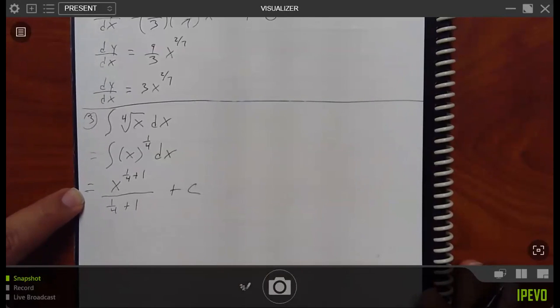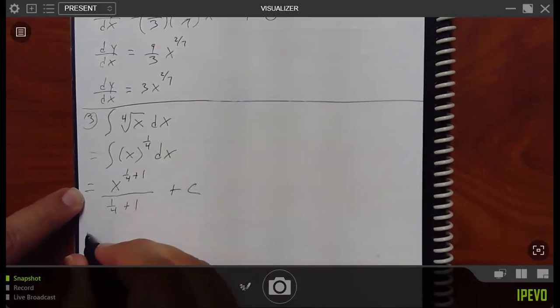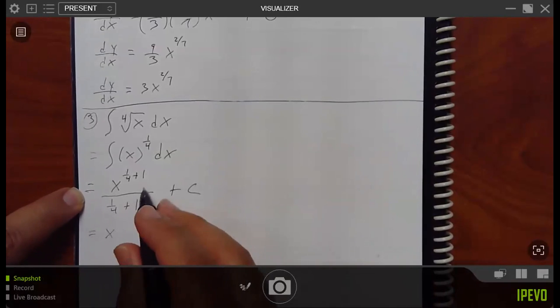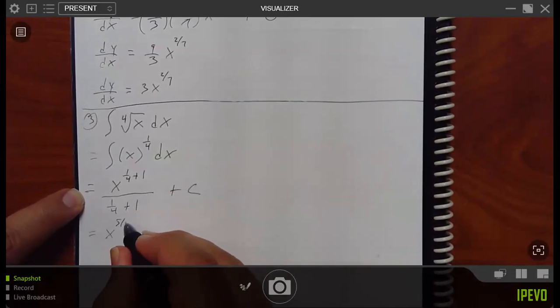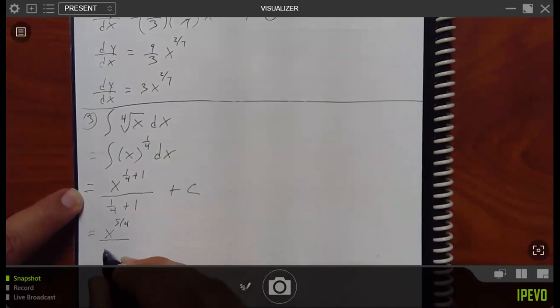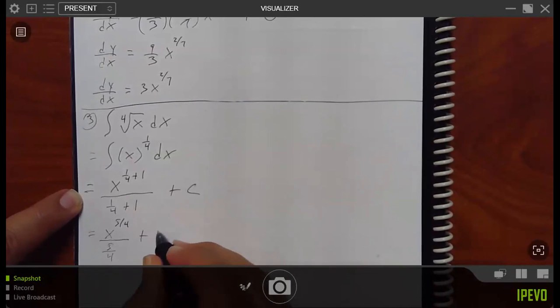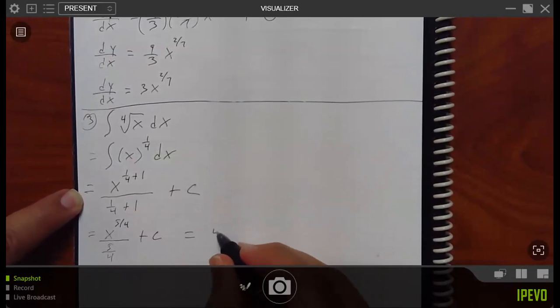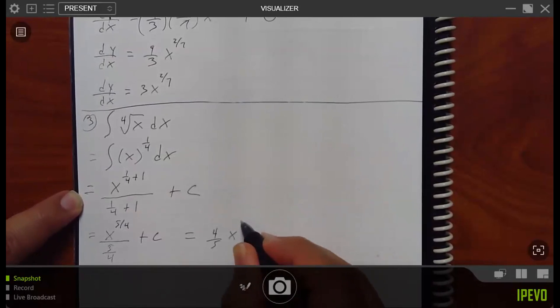Add those fractions up and you should get x to the 5/4 over 5/4, which is going to be 4/5 x to the 5/4.